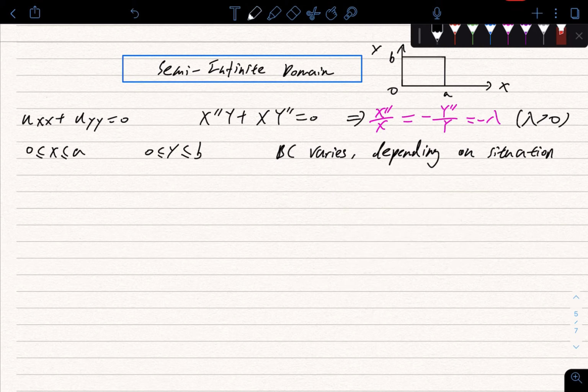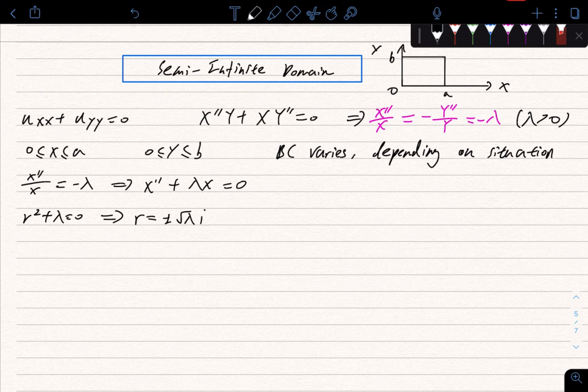What we get is X double prime plus lambda X equals 0. The characteristic equation is r squared plus lambda equals 0, so r equals plus or minus square root of lambda i.